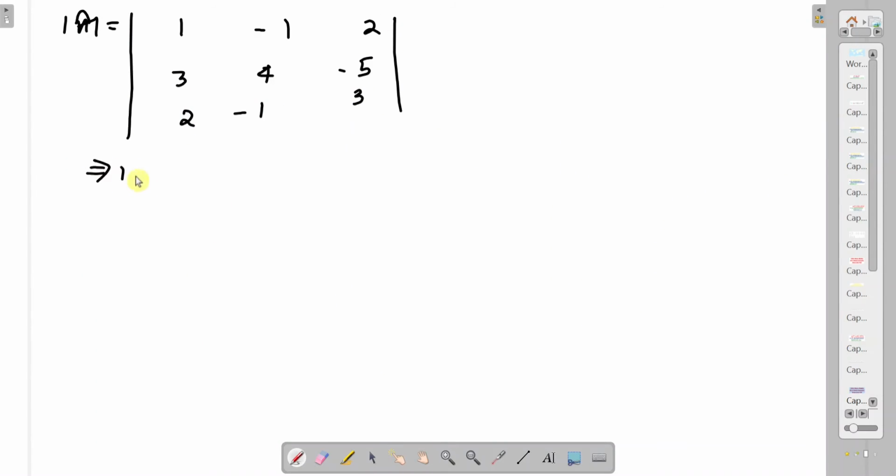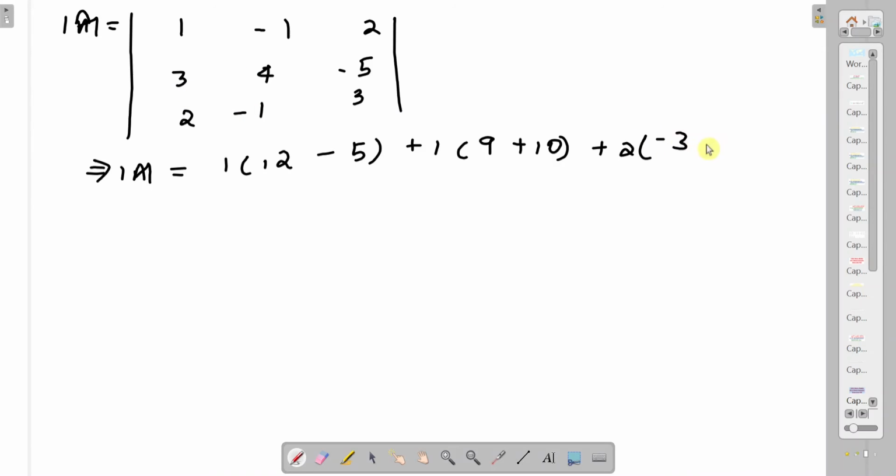So this will imply determinant of A is what? 1 times 3 times 4 is 12, minus 1 times minus 5 is 5, and this minus 1 will become plus 1, multiplied by 3 times 3 is 9, and 2 times minus 5 is minus 10, so minus minus plus 10, then plus 2 times minus 1 times 3 is minus 3, and minus of 2 times 4 is 8.